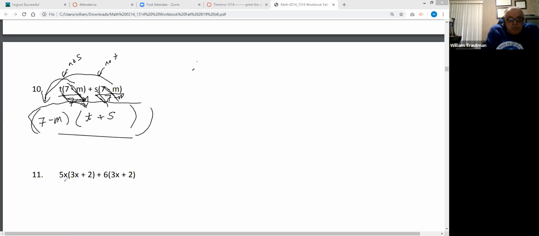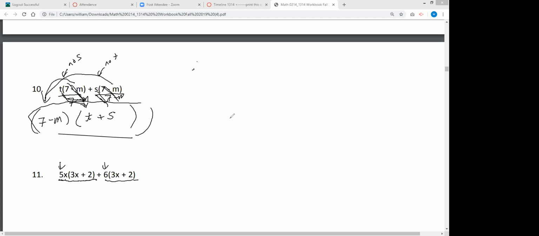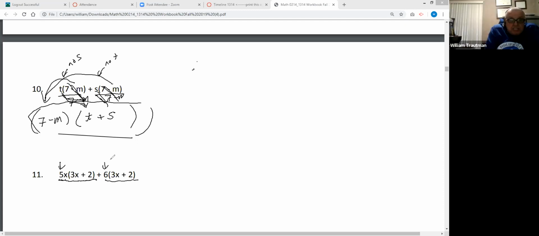Number 11. We have 5x times parentheses, plus 6 times parentheses. Look at the 5 and the 6 in front. What's the largest number that divides by these? 1. And the lowest power of x, this one has no x.